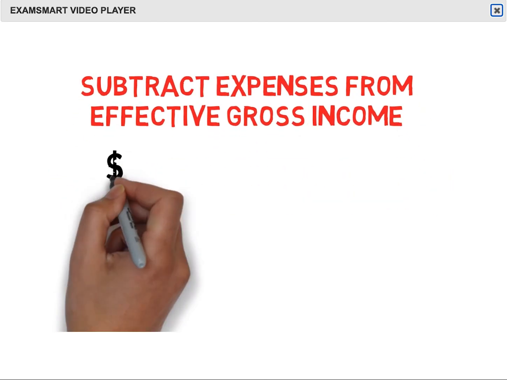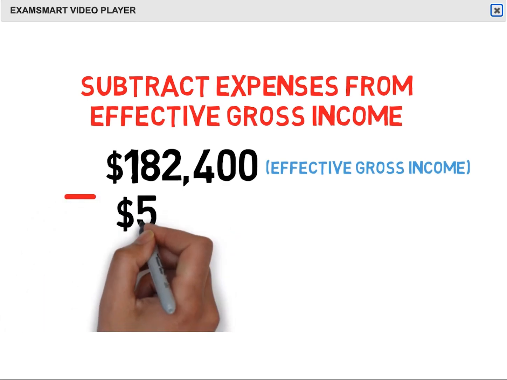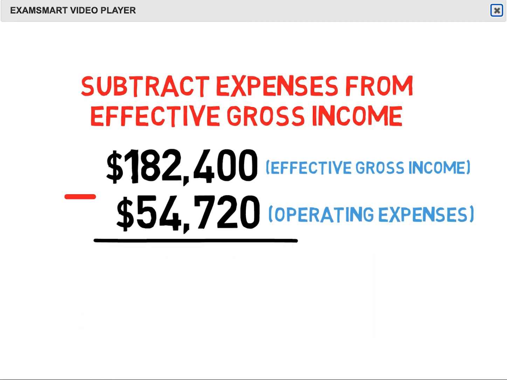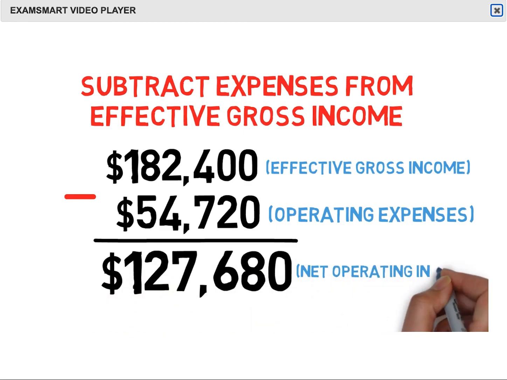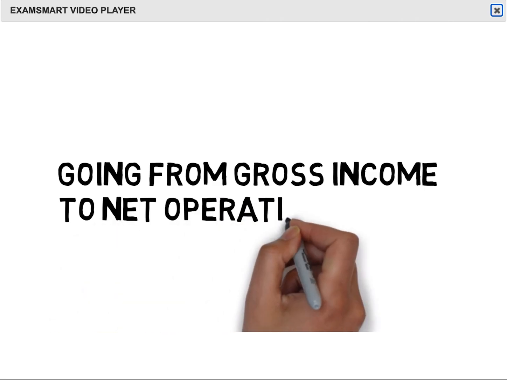So we'll take the $182,400 of effective gross income minus the operating expenses of $54,720, and that would give us the net operating income of $127,680.